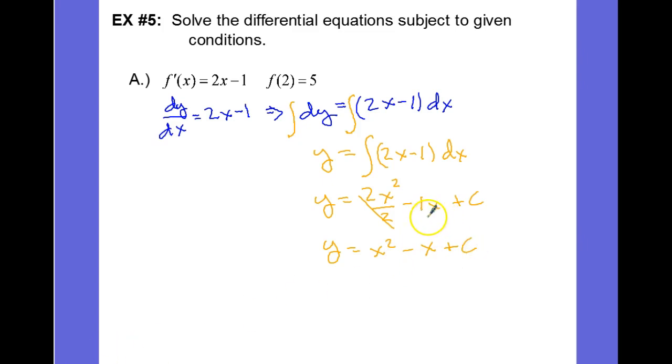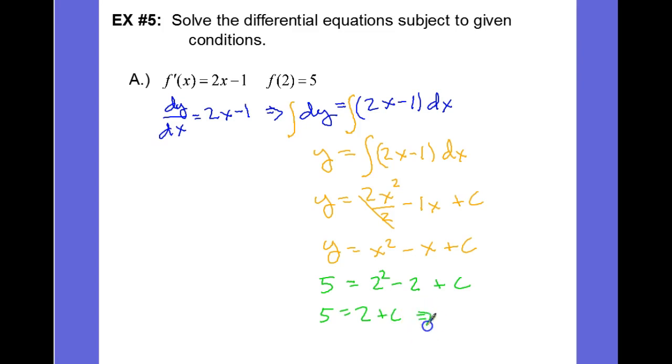At this point, we can use our initial condition because we know that when x is equal to 2, y is equal to 5. So let me substitute 5 in place of y. Let me substitute 2 in place of x. And let us solve for c. And so we get 5 is equal to 4 minus 2, which is 2, plus c.